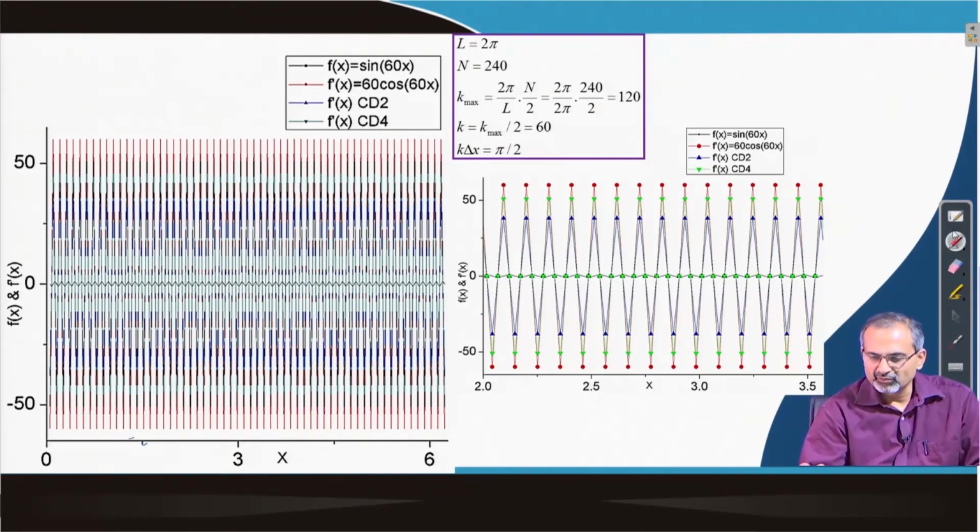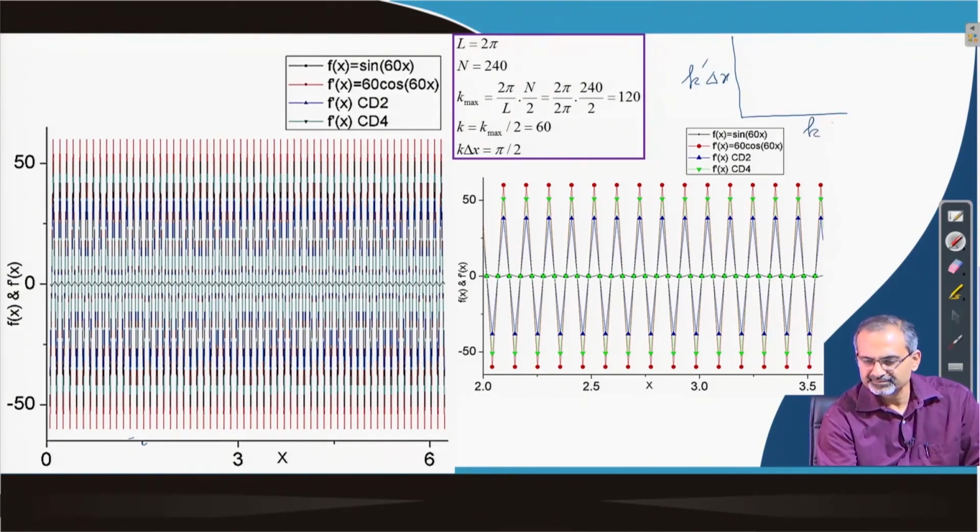So, just to recall what we are talking about, you remember we made a plot like this, and the exact plot used to go like this, while any of the approximations used to droop down like this, and this range was from 0 to pi.